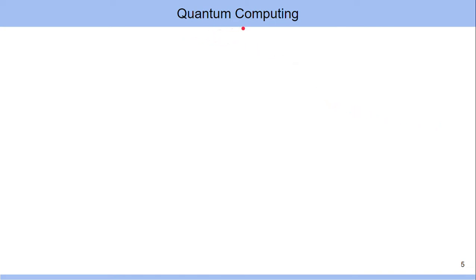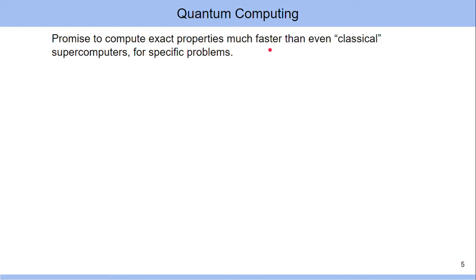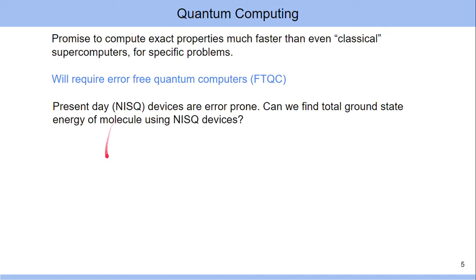Quantum computers promise to find out such useful properties such as the ground state even faster than supercomputers, but this is based on the fact that the quantum computers will be error-free, that is, fault-tolerant quantum computers, or FTQC. But due to today's technological limitations, the present-day quantum devices are error-prone and are known as NISQ, or Noisy Intermediate Scale Quantum devices.